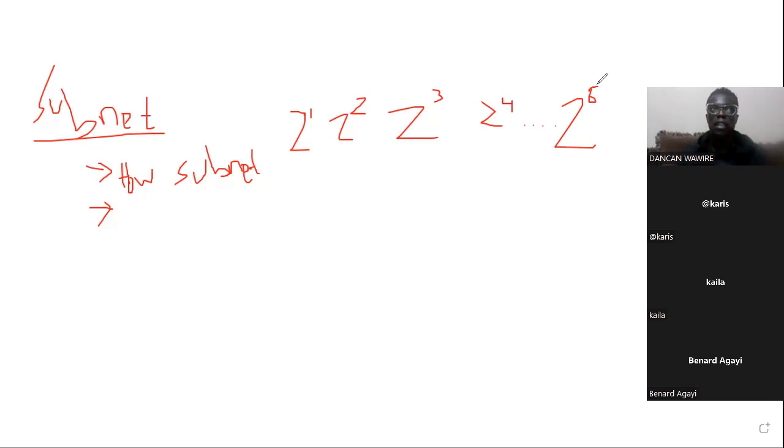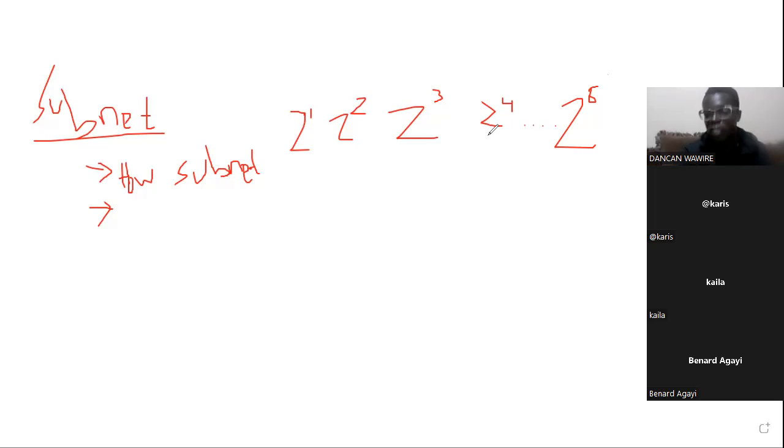Let's say a school wants 9 subnets. 2 to power 3 is not 9, 2 to power 3 is 8. So I'm still missing 1, and I can't get an exact 2 to power something to get 9. So I'll be forced to go to 2 to power 4, which is 16 subnets. So I will have my 9 subnets and an extra 7 future subnets.